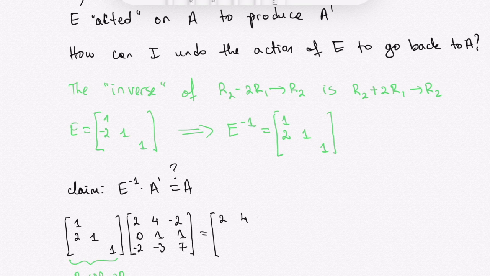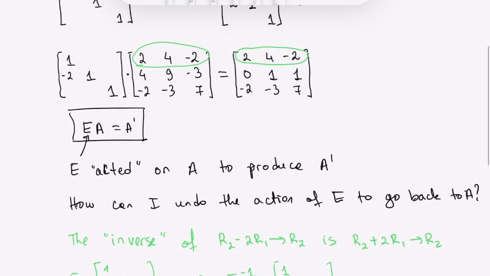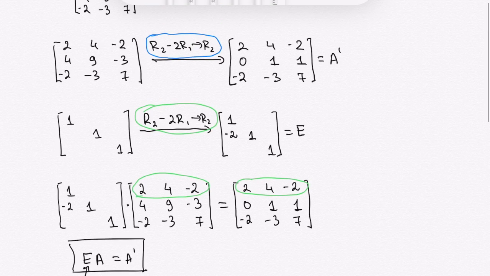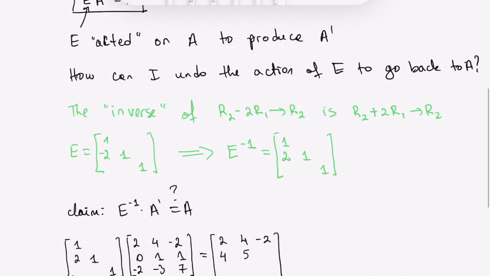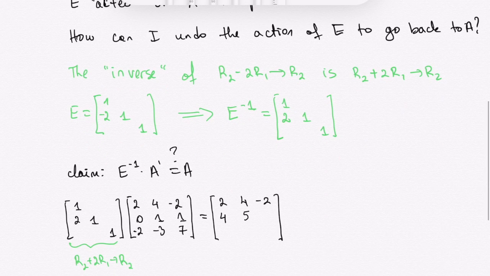So I have 2, 4, negative 2. And then second row is 0 plus 2 times the first row. So that's a 4. Then 1 plus 2 times 4. No, sorry. 1 plus 8 is 9.